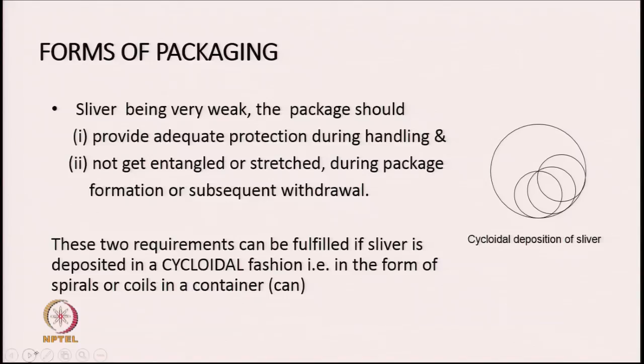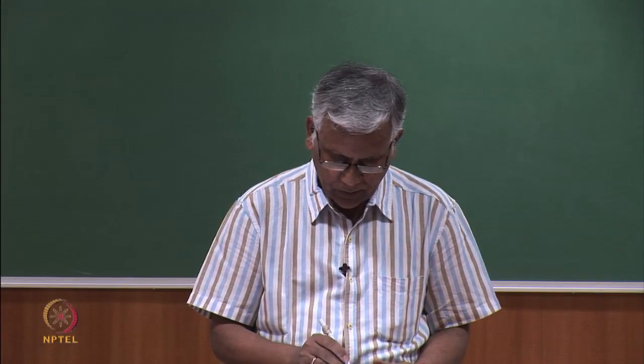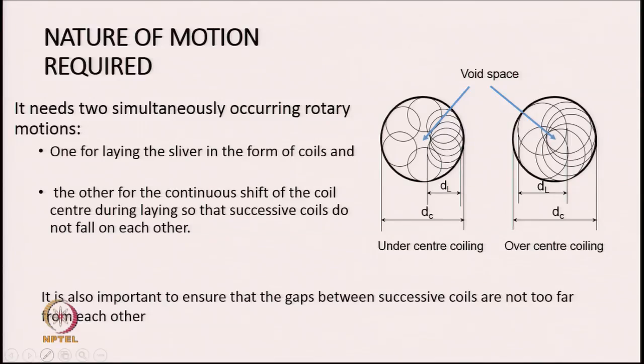So, this kind of mechanism or this kind of coiling is followed. Now, we will discuss what kind of motion is required to create such kind of coiling of the sliver.